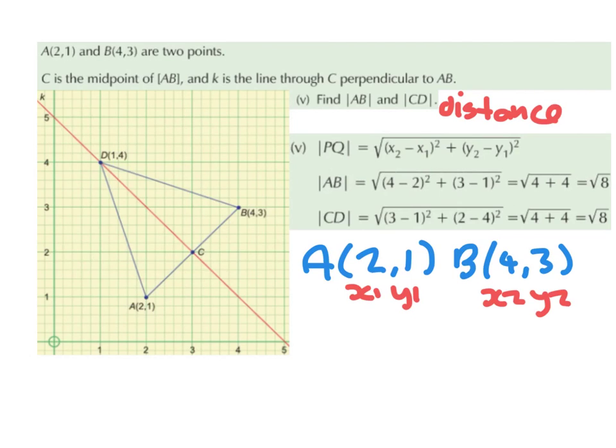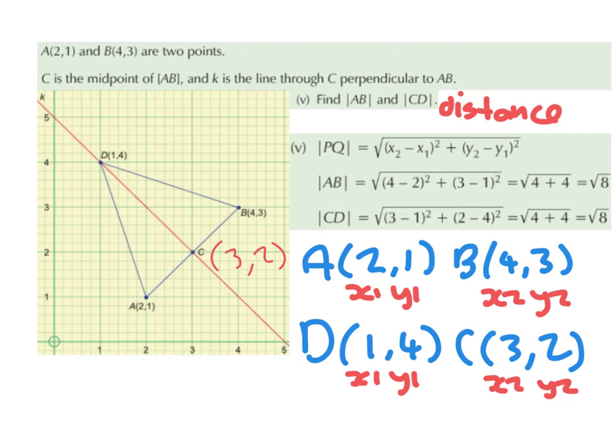So now I'm going to get the distance from C to D. To get the distance from C to D, I'm going to label D as x1, y1, and C as x2, y2. So the point C is (3, 2).